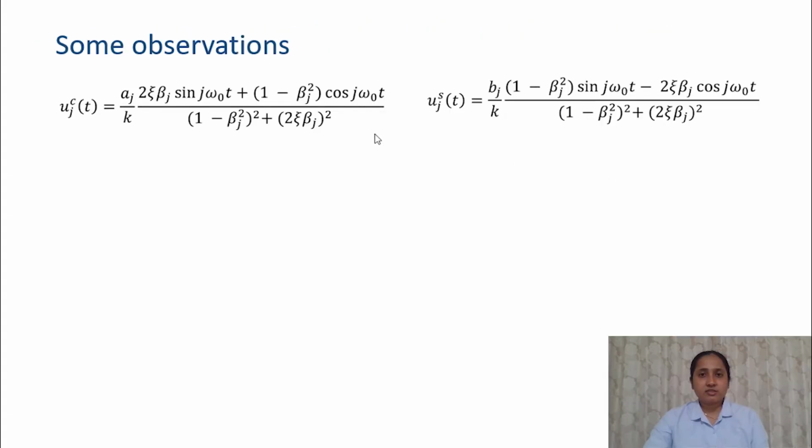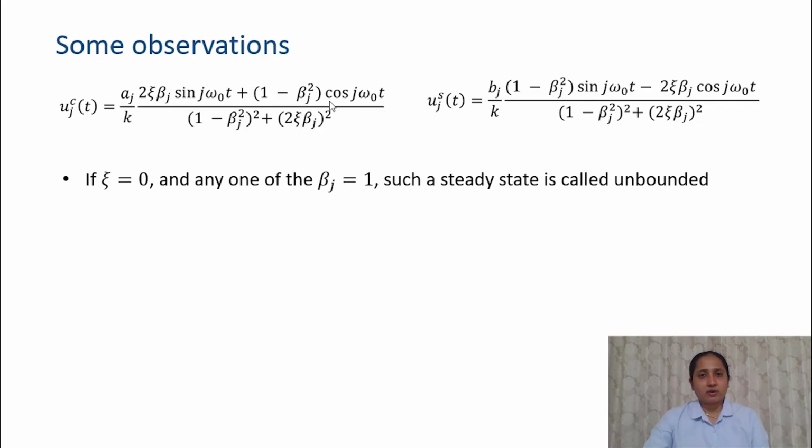These expressions become indeterminate if theta is equal to 0 and beta j becomes 1. If any of the beta j's becomes equal to 1 and theta is equal to 0, both these expressions will become indeterminate.